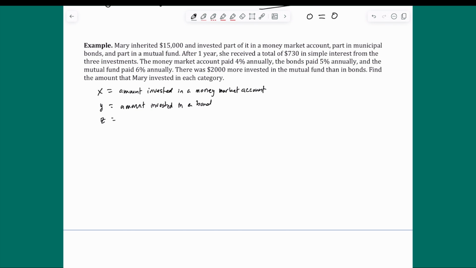Okay, and then z is the amount invested in the mutual fund.